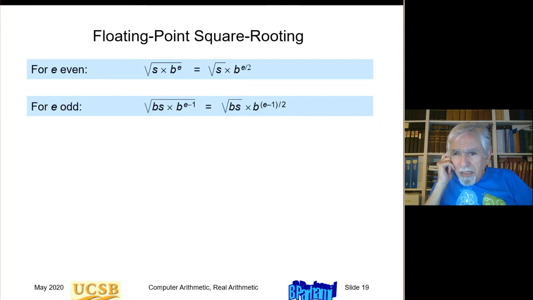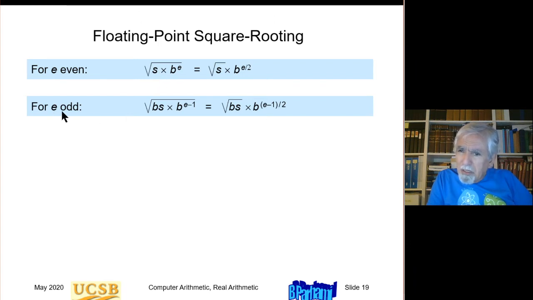For square rooting, which as I mentioned is considered a basic operation, we distinguish two cases. If the exponent e is even, then the square root of this floating point number is the square root of s times b to the power e over 2. E being even, this is an integer, and therefore we are done. So basically, the square rooting problem is converted to extracting the square root of the significand, which is a fixed point number.